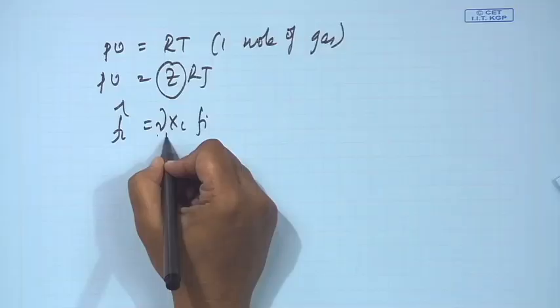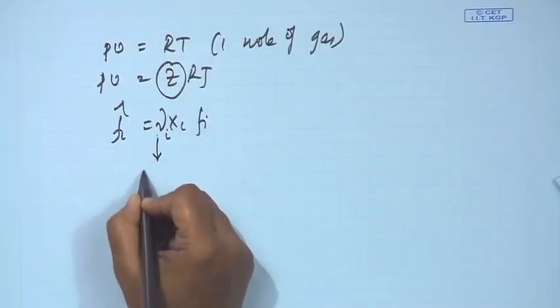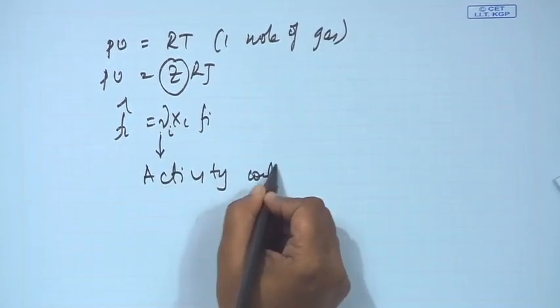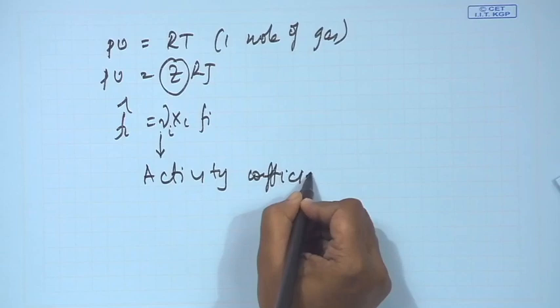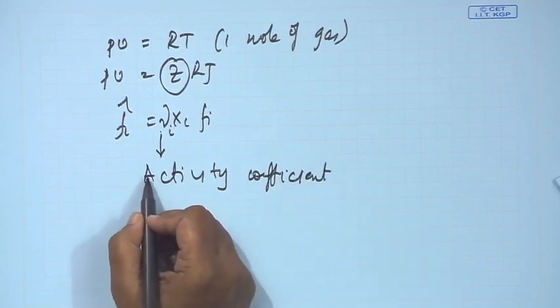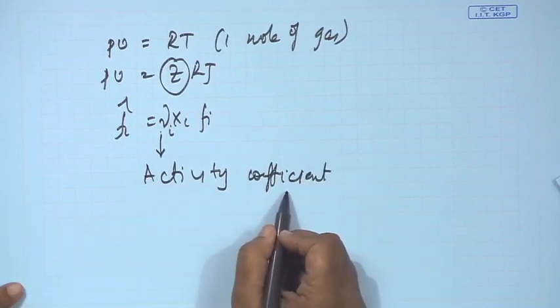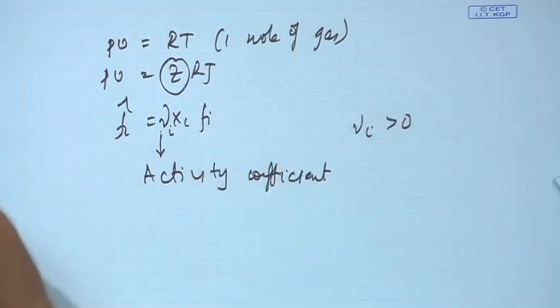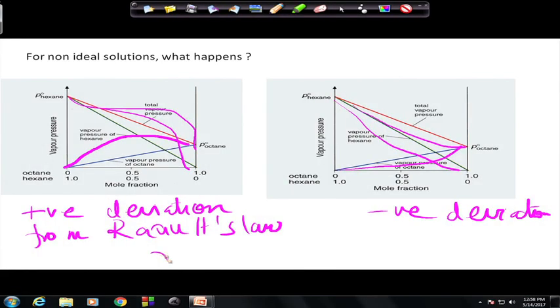The correction factor which was introduced here is known as the activity coefficient. For this particular case gamma I should be greater than 1, here gamma I should be less than 1, right.